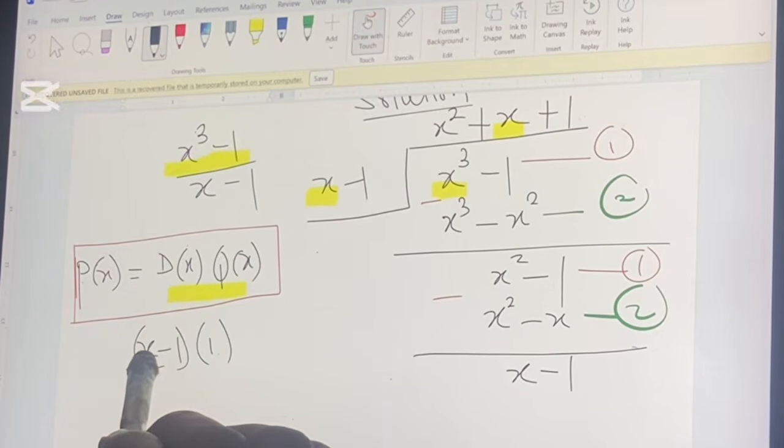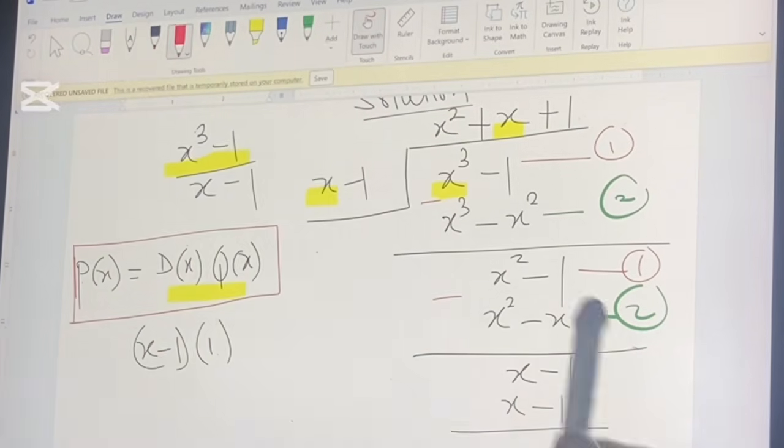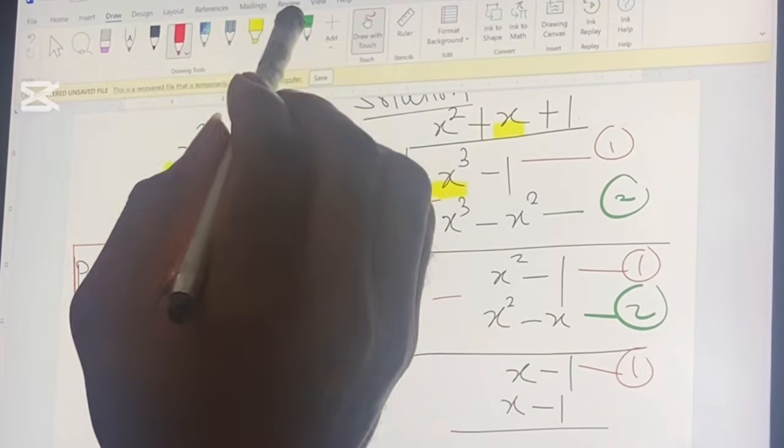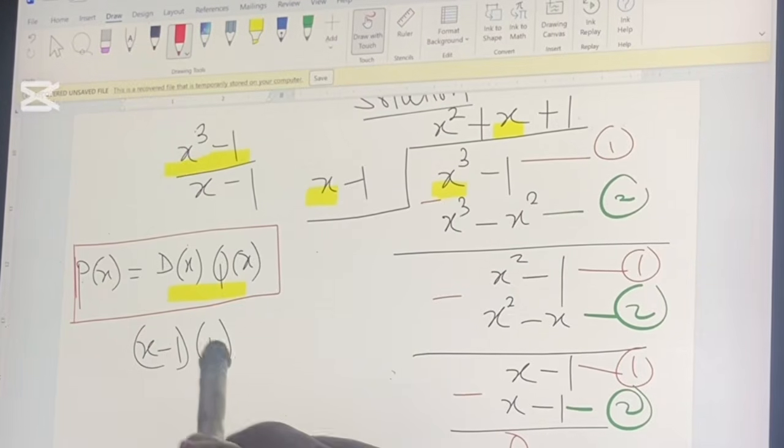So 1 times s will give us s. 1 times minus 1 will give us minus 1. The difference between the old one and the new polynomial here will be minus. So s minus s is 0. Minus 1 minus minus 1.